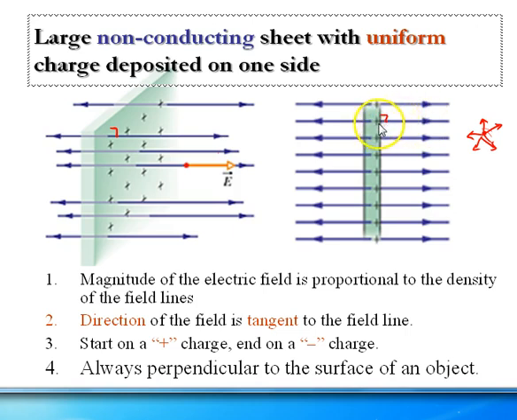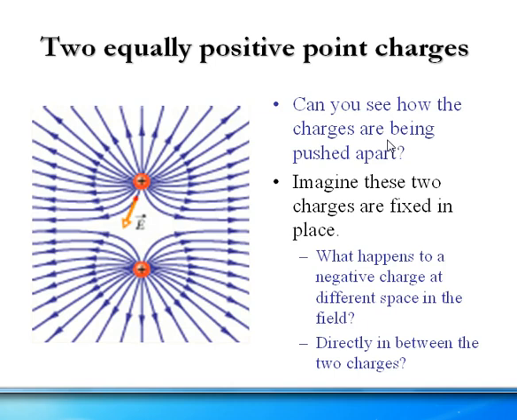We will examine that more thoroughly later, when we look at the superposition of point charges along this surface. So again, this is for a continuous distribution of charge along this surface. It's always going to be perpendicular to the surface, so our electric field will be uniform, pointing away on both sides of the surface of charge.